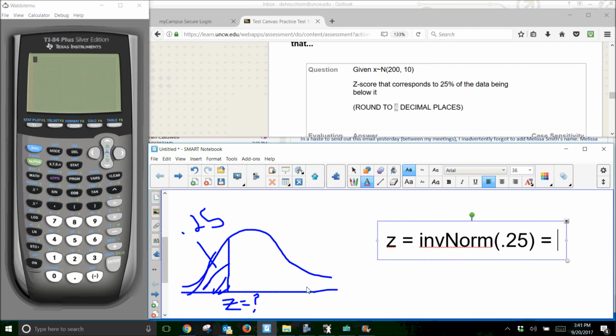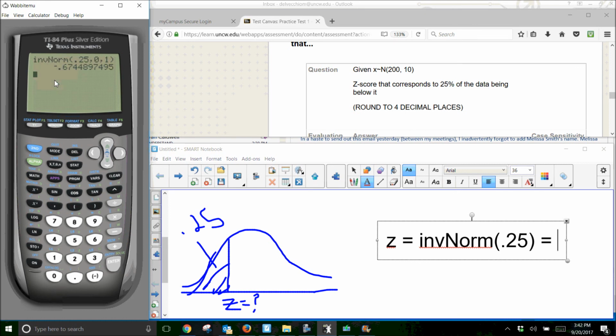Now, usually we'll round the z-score to 2 decimal places, but here I did say 4, so I'll just leave it at that. We could do second vars, go down to inverse norm. Again, put 0.25 in for area, and mu and standard deviation are 0 and 1, and we can just leave that.